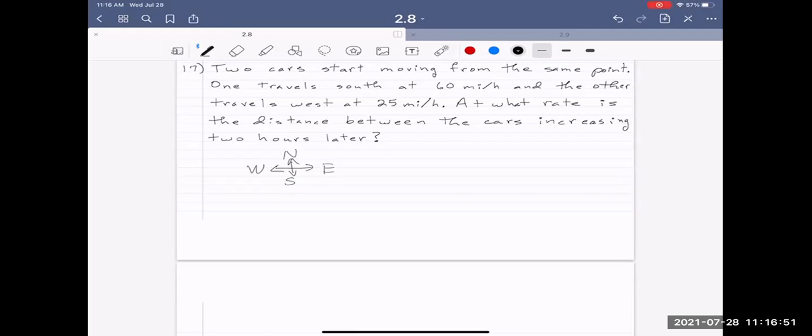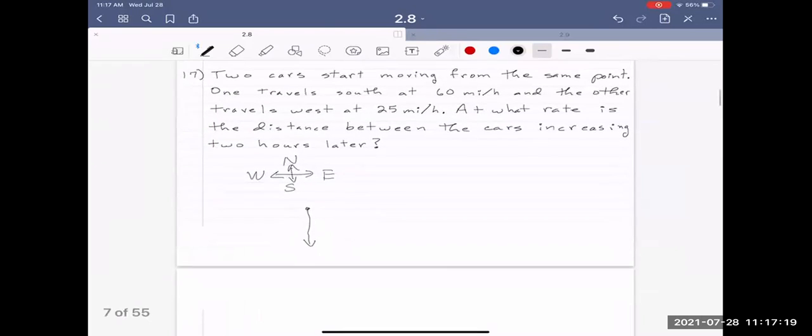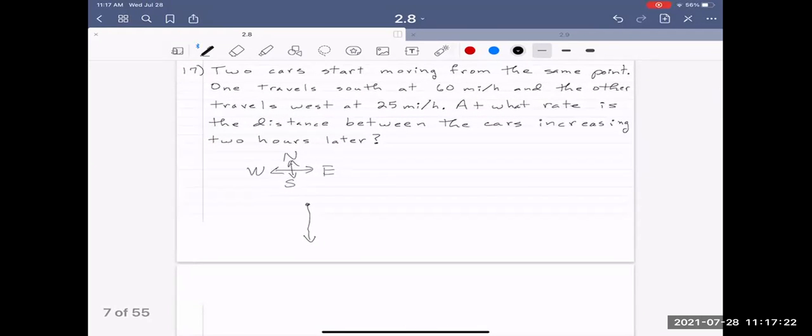Next, let me draw the other part of this. Two cars are moving from the same point, one travels south. So one car here travels south at 60 miles per hour. I'm not going to put that rate there.